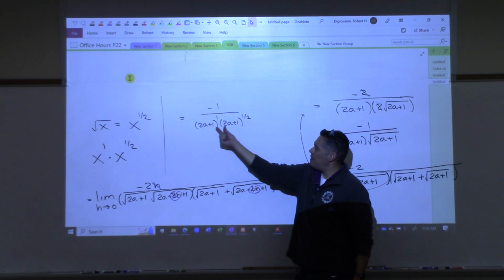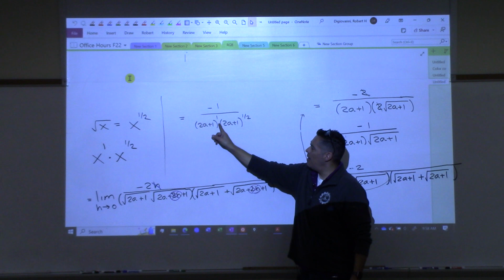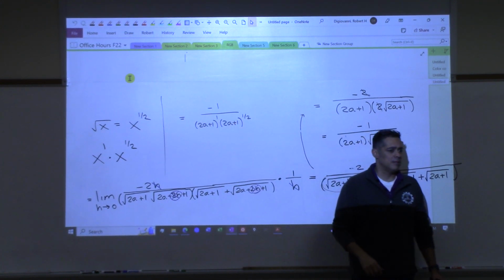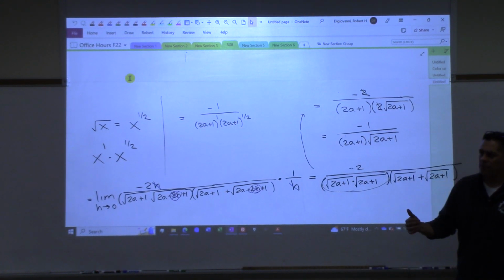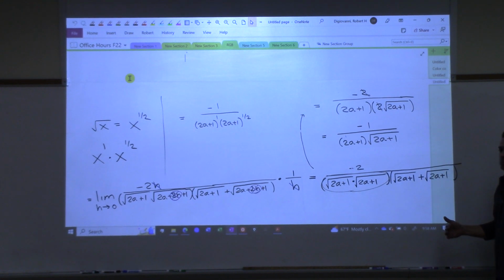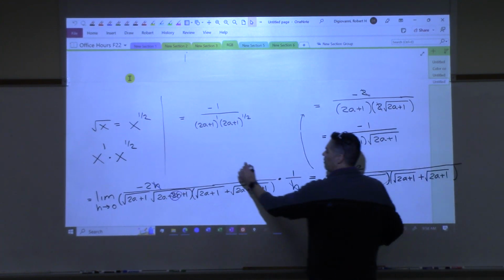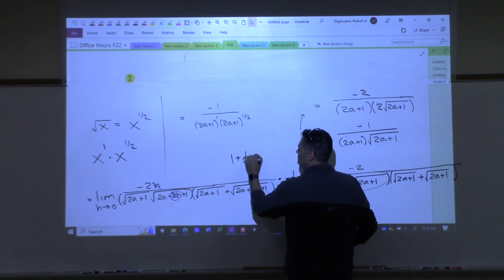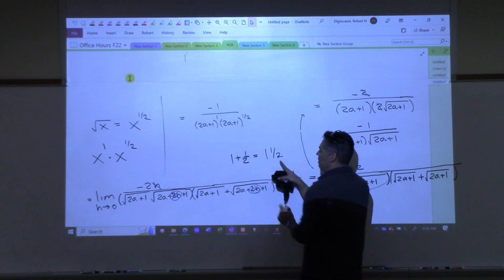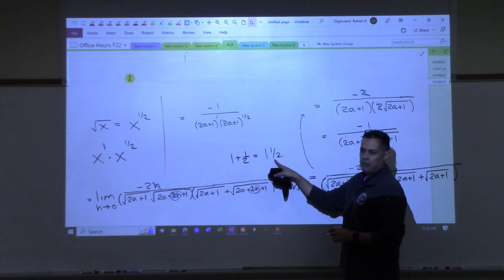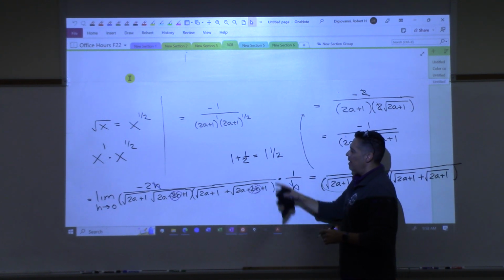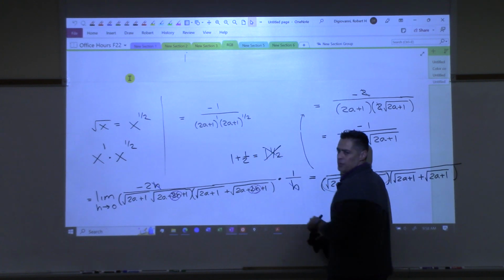And now these have the same base, right? We're multiplying them, and so you add those exponents. And what's 1 plus a half? 1.5? 3/2. So when you add 1 plus a half, you can say that's 1.5, okay? That's called a mixed number, right? And in calculus, we don't use mixed numbers.